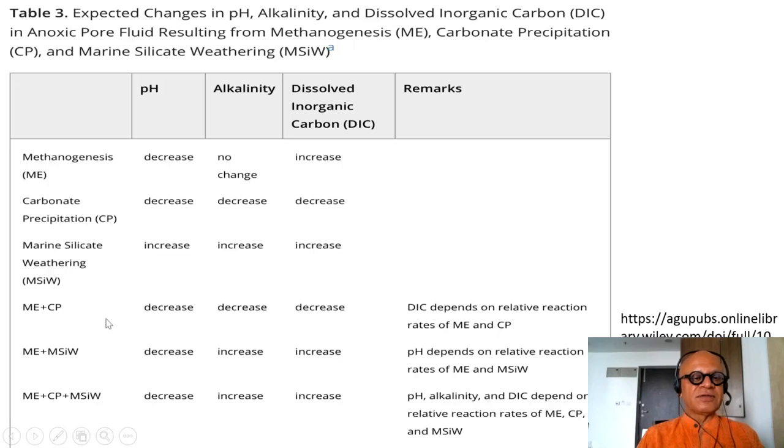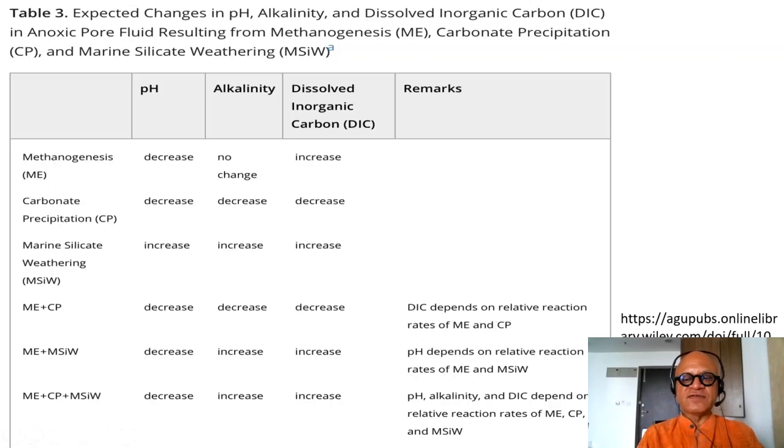So when you include methanogenesis and carbonate precipitation together, pH will decrease. Now alkalinity is going to decrease. Okay, here it was no change, and carbonate precipitation was decreasing it. And DIC is decreasing. So DIC depends on relative reaction rates of methanogenesis and carbonate precipitation.